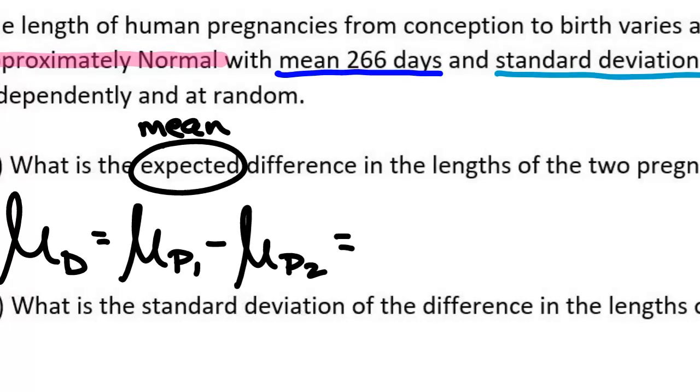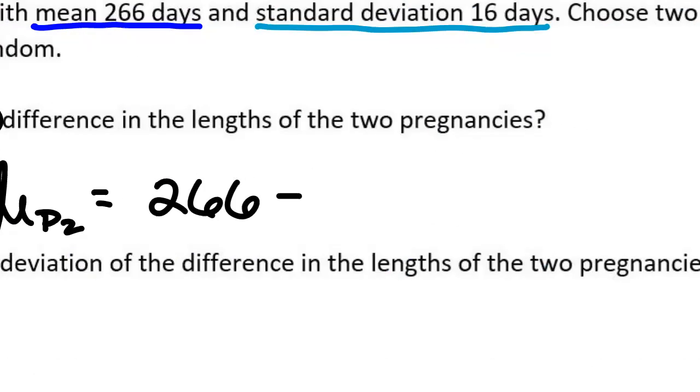What would the average for pregnancy 1 be? It is 266. Minus, what's the average for pregnancy 2? 250. Nope. 282. Nope. What's the average for any pregnancy?